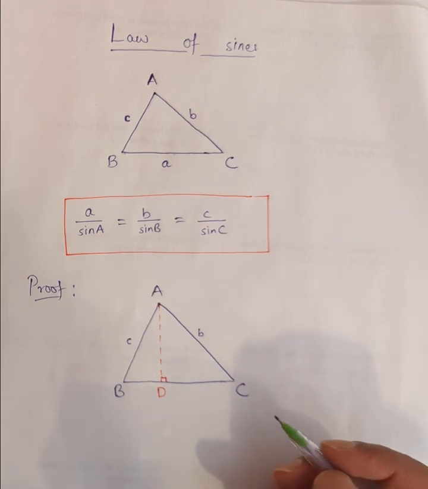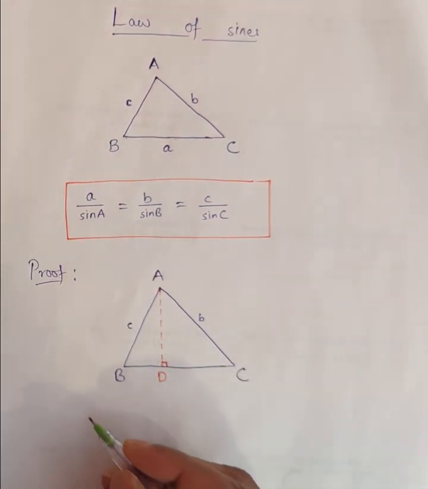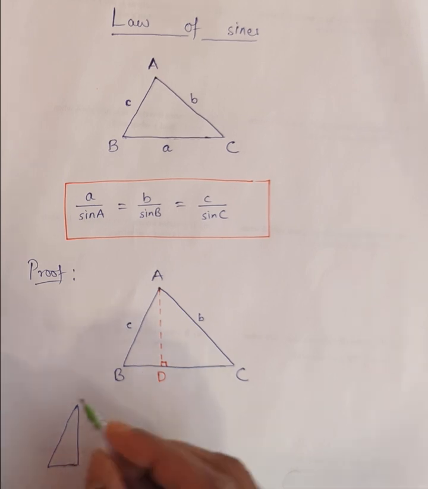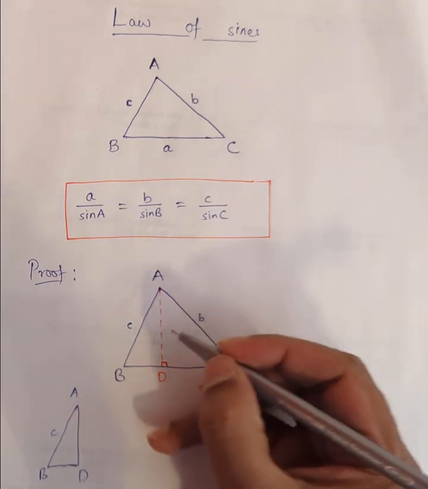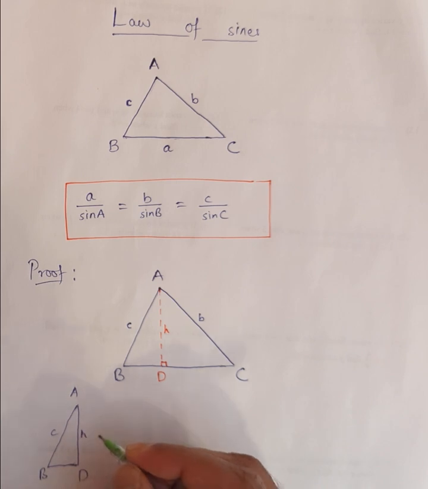Now if I focus only on triangle ABD, this is what I'm going to see. ABD, this is c, and let's call this height h.